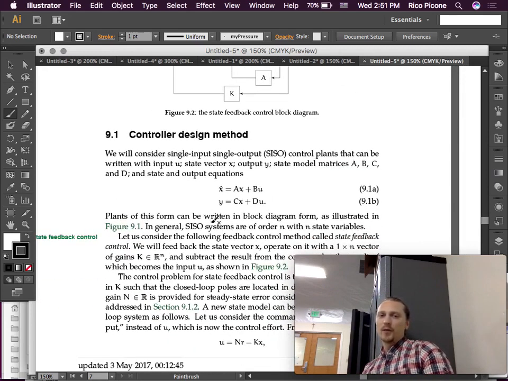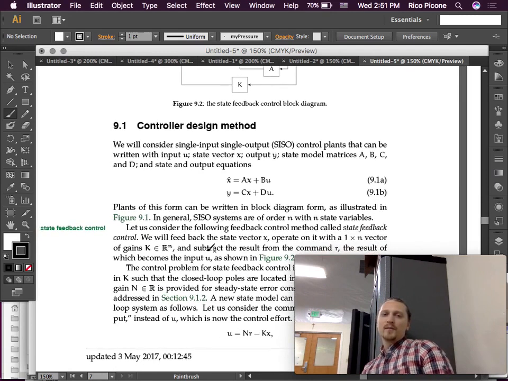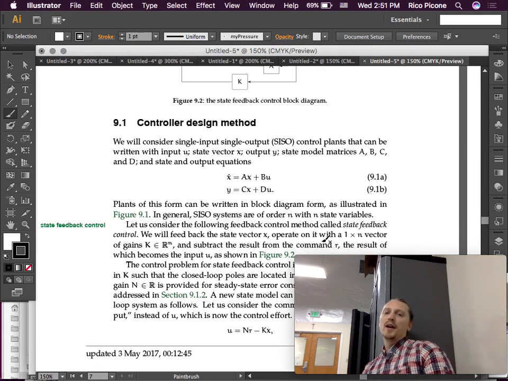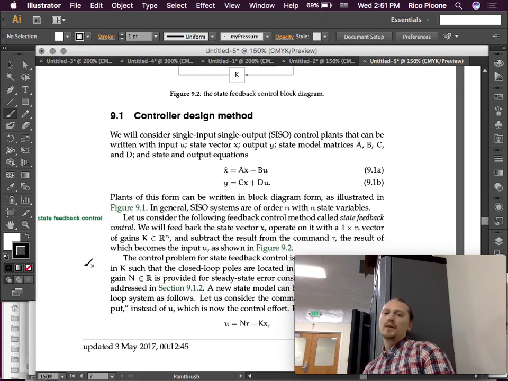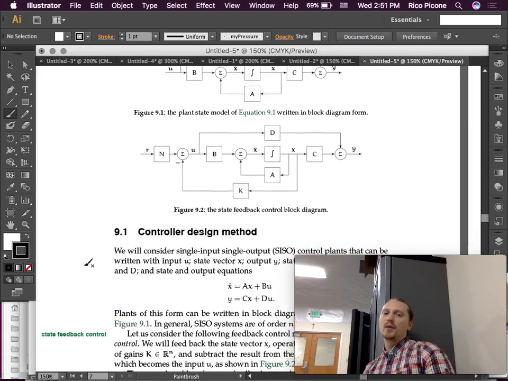Plants of this form, okay, we did that. Let us consider the following feedback control method called state feedback control. We will feed back the state vector x, operate on it with a 1 by n vector of gains k, and subtract the result from the command r, the result of which becomes the input u, as shown in figure 9.2.